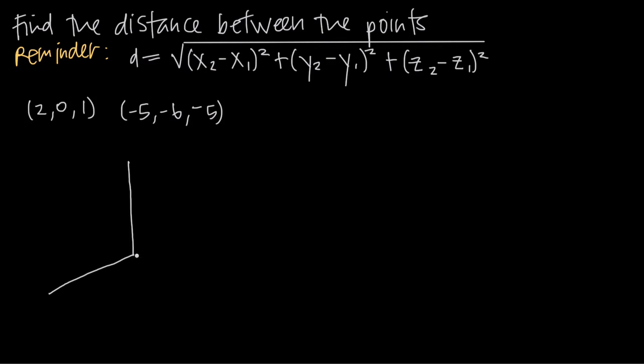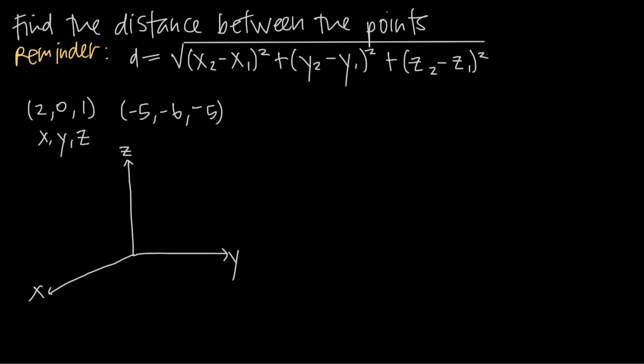If I draw space here like this, where this is the x-axis, the y-axis, and the z-axis, and we wanted to plot these points in three-dimensional coordinate space, what we're talking about here is a point in the form x, y, z.